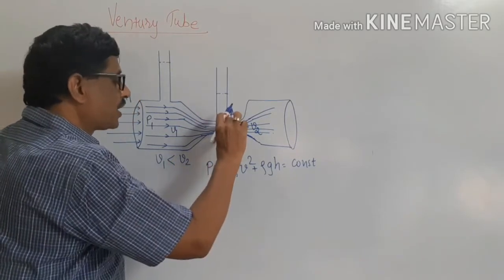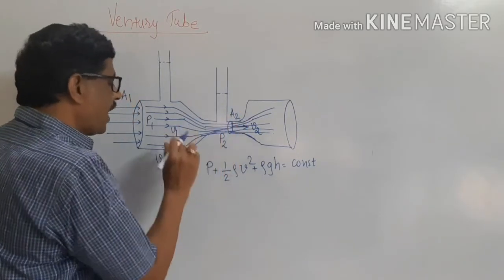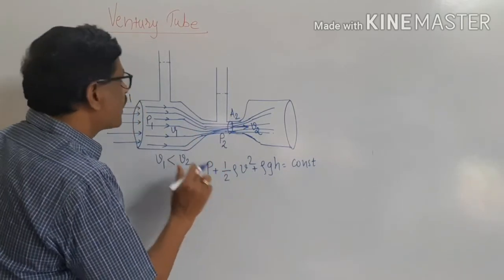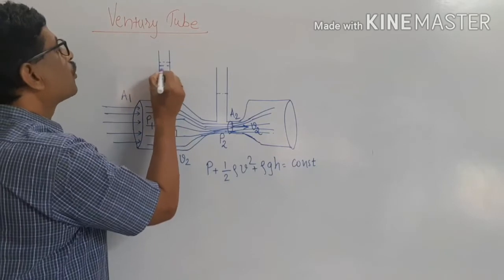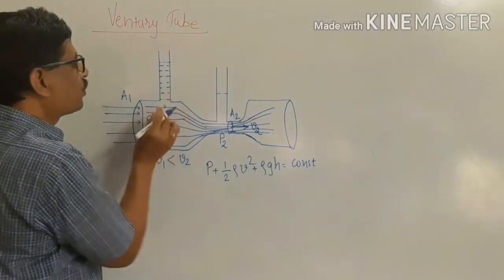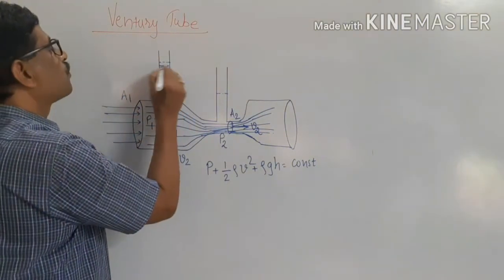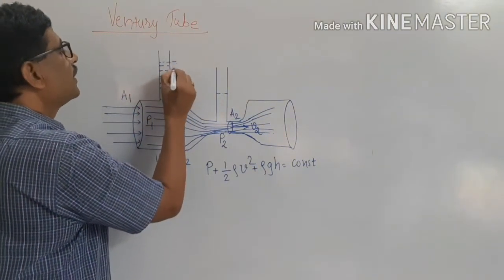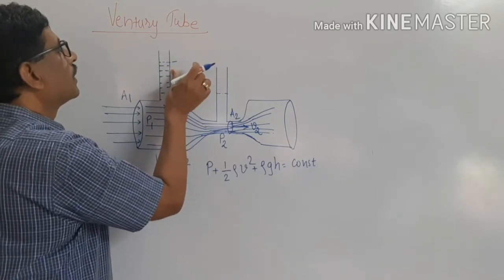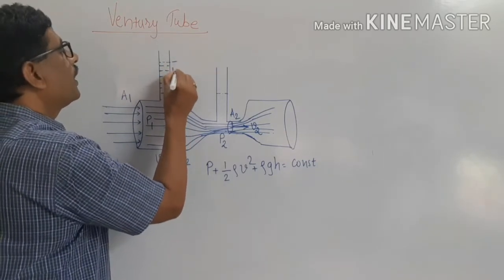Velocity in a narrower region is more, and as velocity is less in the wider region, pressure is more. Therefore, the height of liquid in the tube connected to the wider portion is more, and let it be equal to H1.